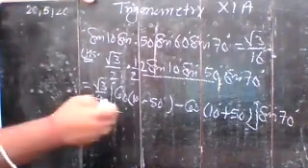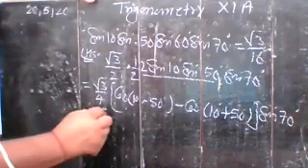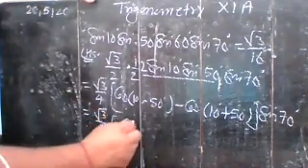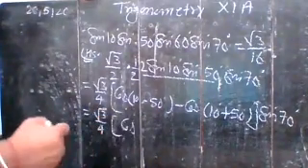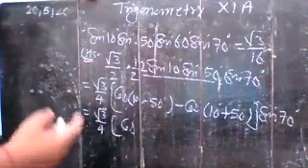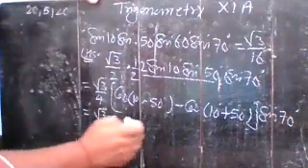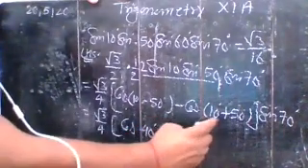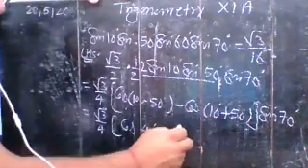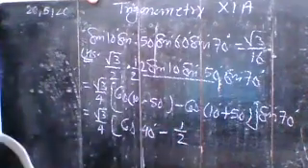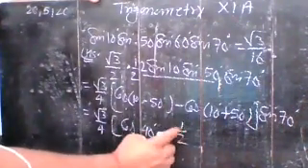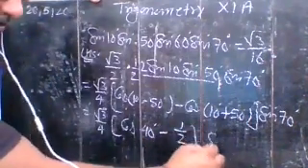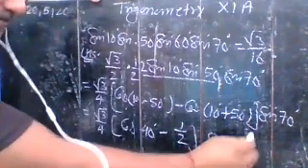Now putting its value, that is equal to root 3 by 4. Here you have cos minus 40 degree, and you know cos of minus x is equal to cos x. So you can write cos 40 degree minus cos 60 degree, and the value of cos 60 is 1 by 2. You know it. So putting its value, cos 60 is equal to 1 by 2, and here you write sine 70 degree.